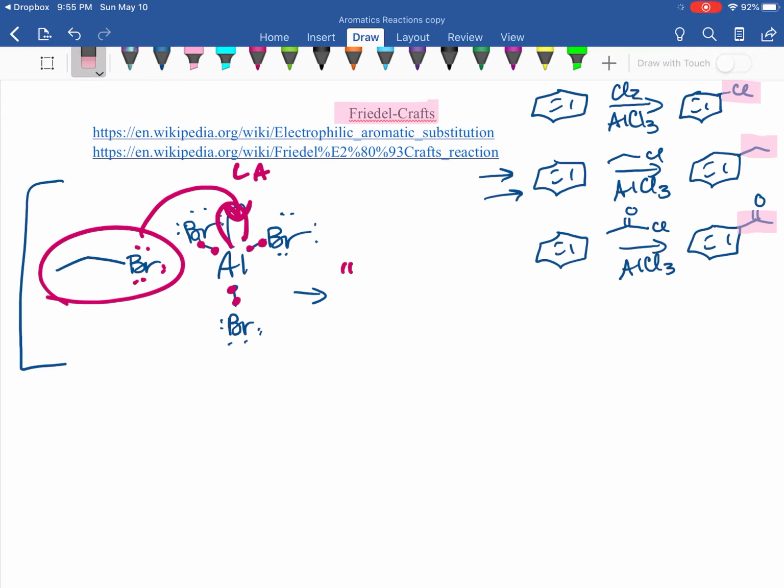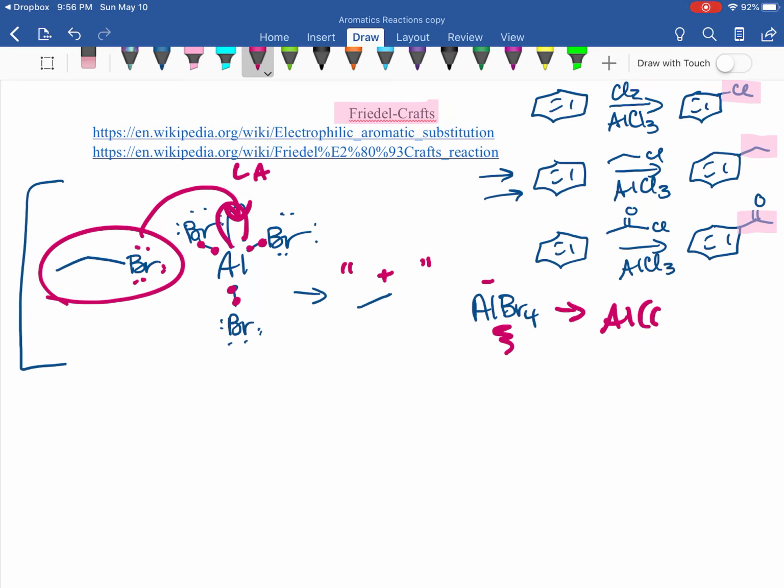So you can have an intermediate where you're showing the complex of all of this. I'm going to go straight to that bromine has just left the building. And why did I draw electrons there? And bromine, of course, being more electronegative, has just left, and we have made this.